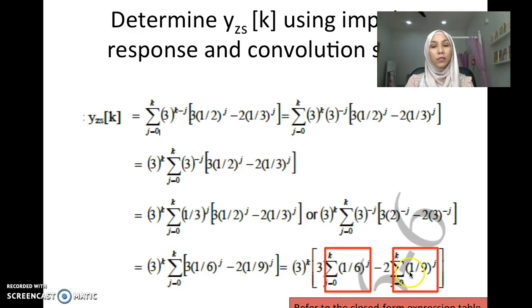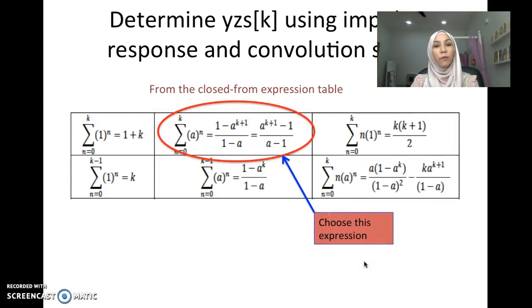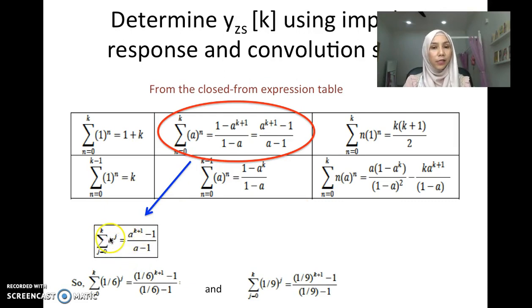Okay, the two parameters here that I highlighted, you need to refer to the closed form expression table. From the closed form expression table, you have to refer to this expression. Why? Because you know that it is the summation from j=0 to k of (1/6)^j.